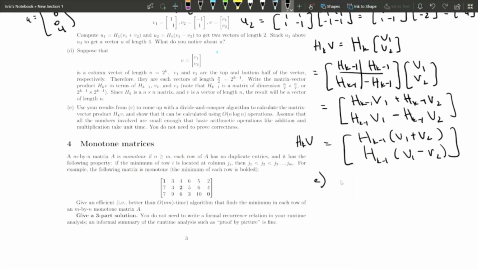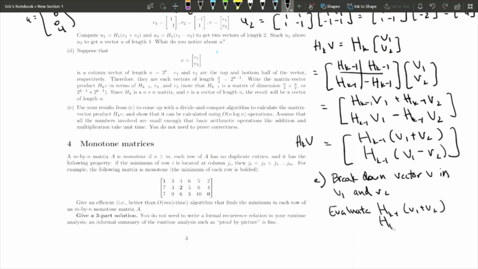For 3E, let's break down the vector v into components v1 and v2. And then we'll do what we did in D and evaluate Hk minus 1 of v1 plus v2 and Hk minus 1 of v1 minus v2.